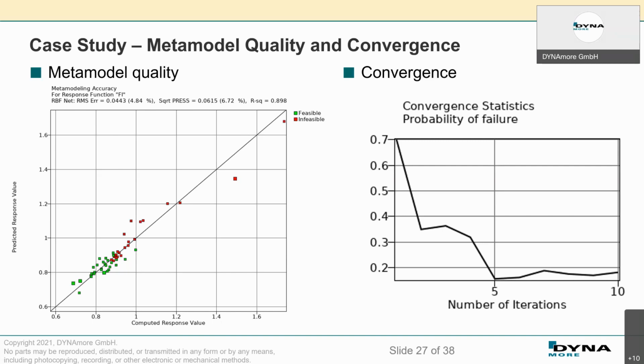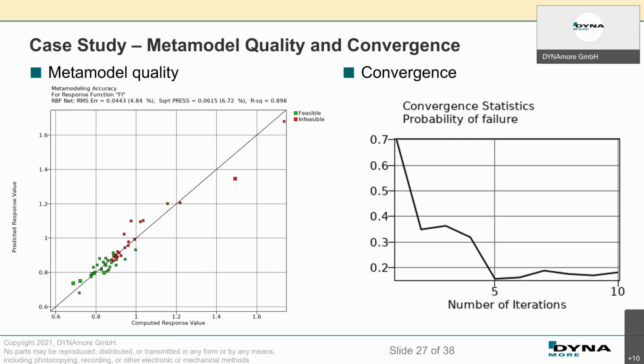The next question is, we ran our robustness analysis as an iterative process. So the question is, do we get convergence here? We can use the reliability history plot to judge on the convergence of our simulations here.